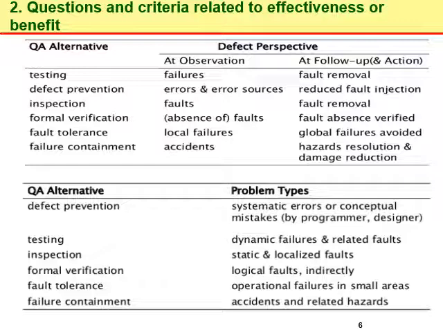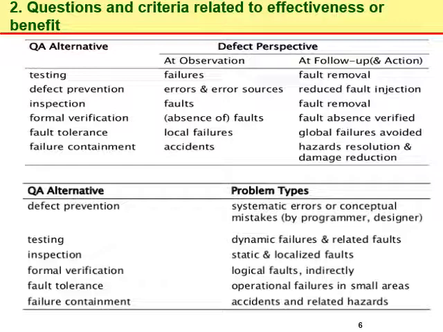This question can be broken down further with the execution observation of the specific quality assurance activities and the follow-up actions where different defect perspectives may be taken. For example, as can be seen here in the upper figure, during testing, failures are observed, which lead to follow-up actions to locate and fix the faults that caused these observed failures.